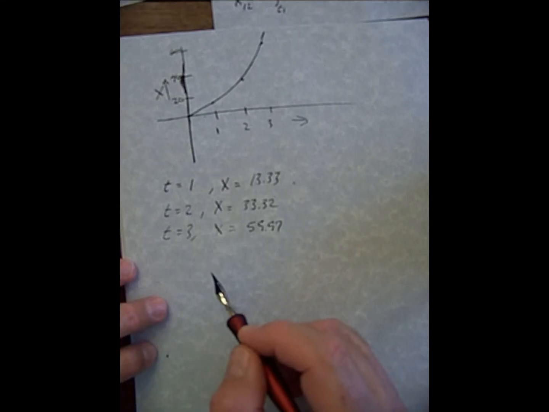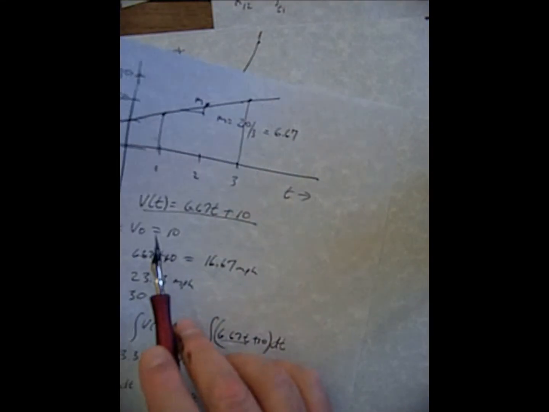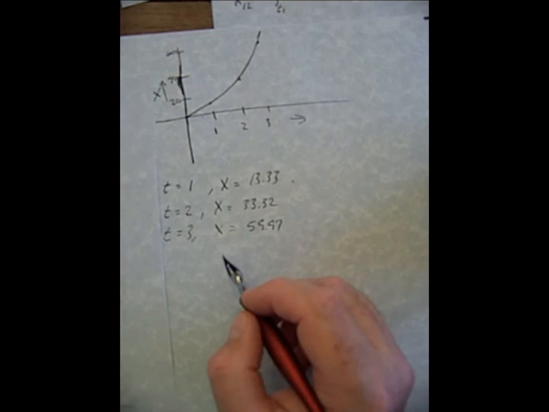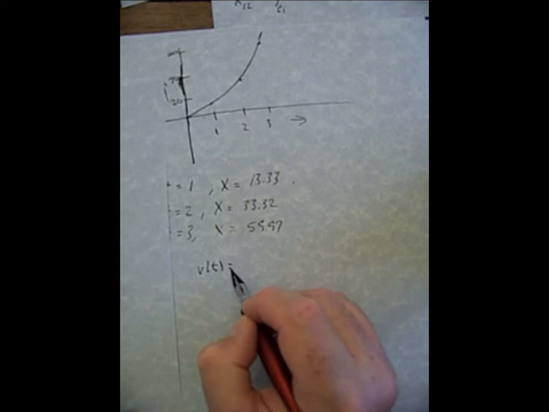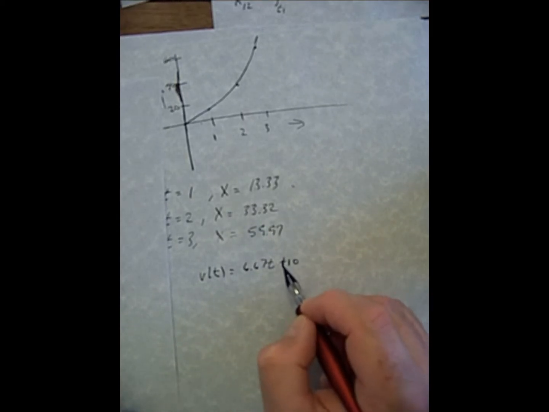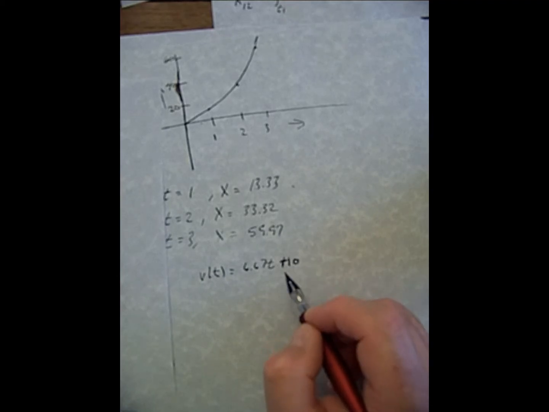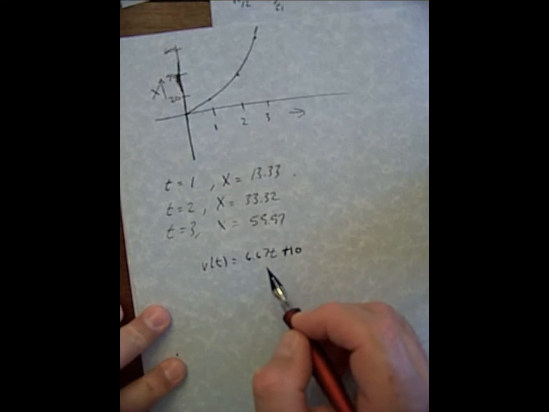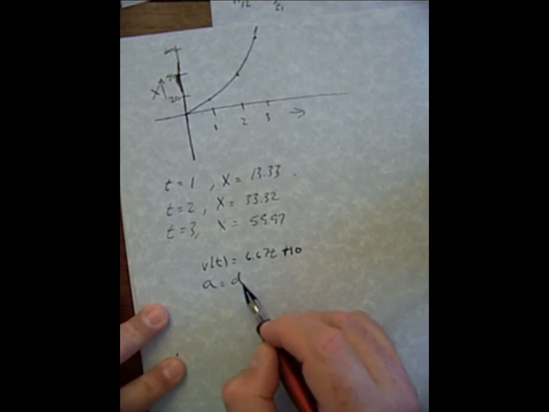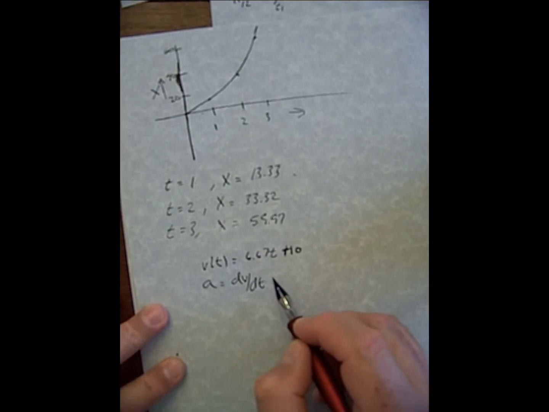Well, I can go back to my original velocity, v of t equals 6.67 t plus 10. And I can take the derivative of this, because I know that acceleration equals dv dt.